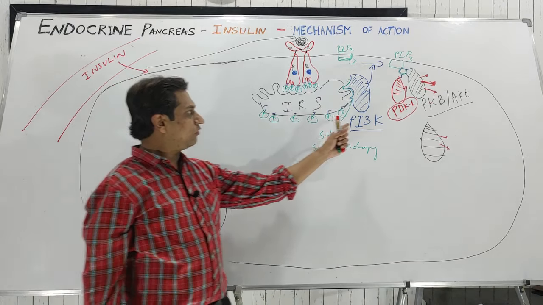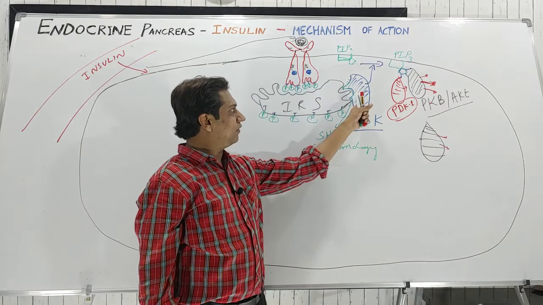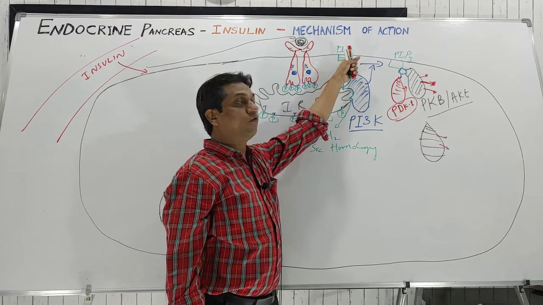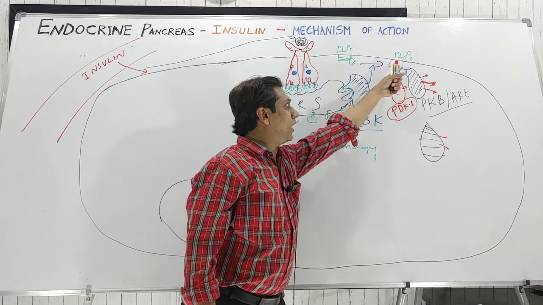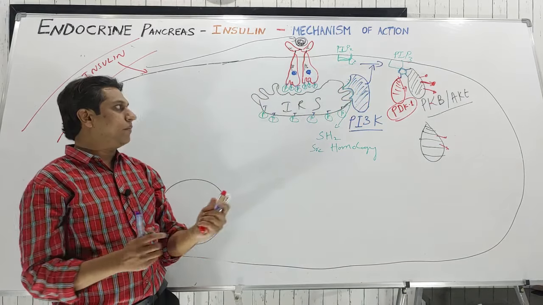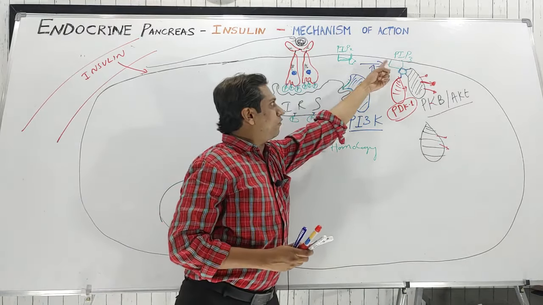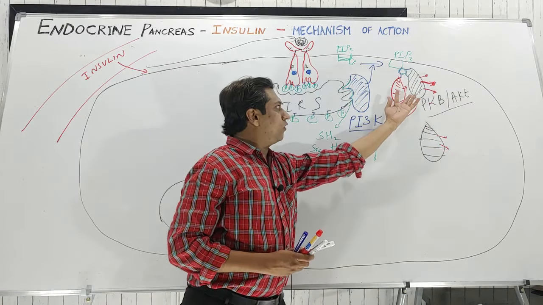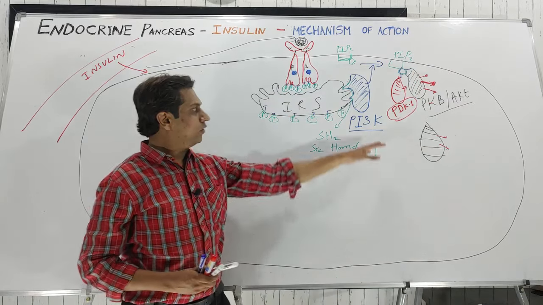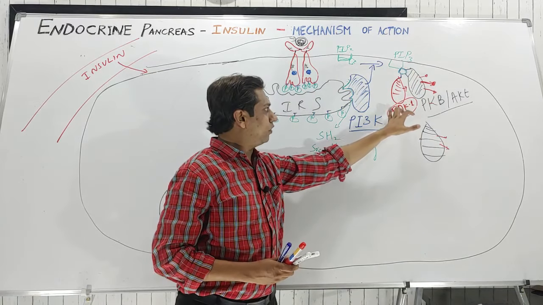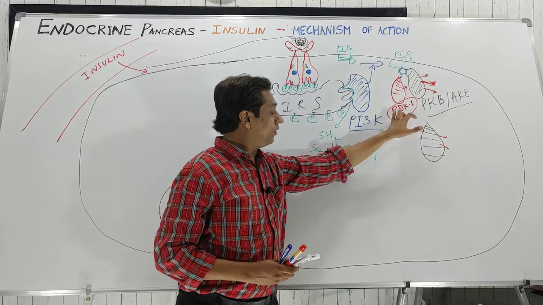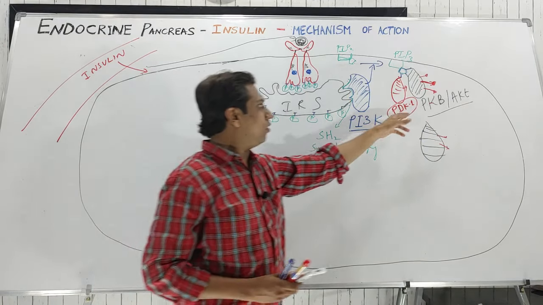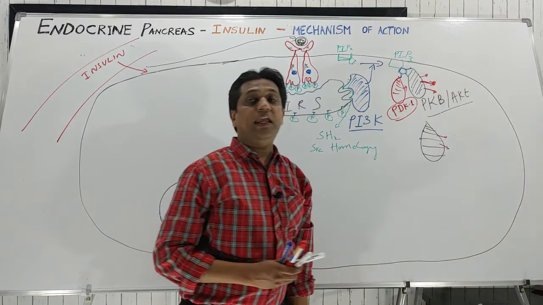This phosphatidyl inositol 3 kinase acts as an enzyme and converts phosphatidyl inositol bisphosphate, or diphosphate, into phosphatidyl inositol triphosphate in the cell membrane. Once it is converted, two molecules will bind to this: phosphatidyl inositol triphosphate dependent kinase 1 and also protein kinase B or AKT protein.